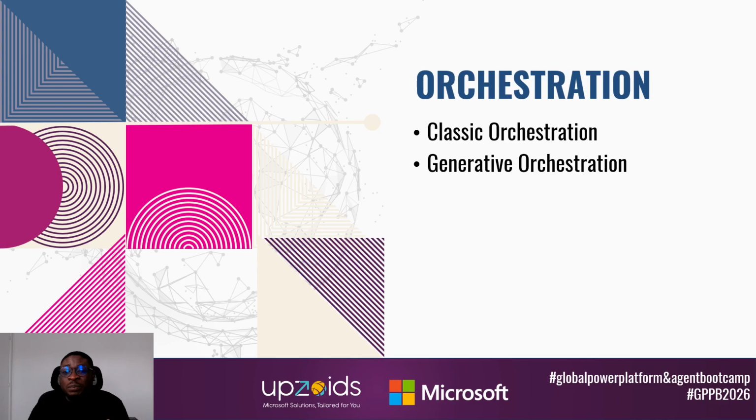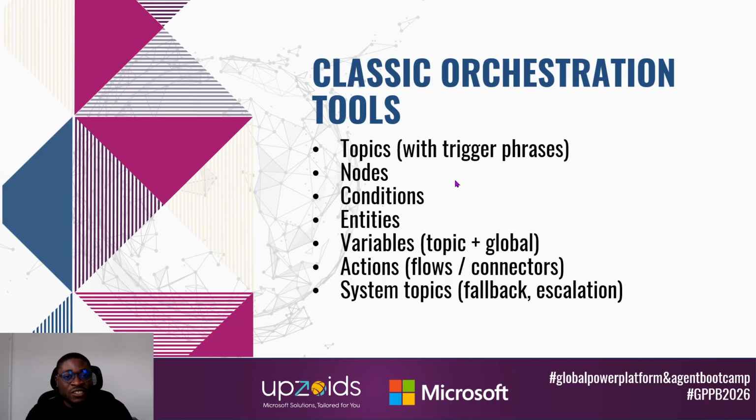So the big picture of how we actually go forward now is a mixture of both, where you maximize your generative orchestration, but you can still have some of that classic feel when you want it, so you keep control when the AI is making a lot of decisions by itself. In classic orchestration, we have topics with trigger phrases.